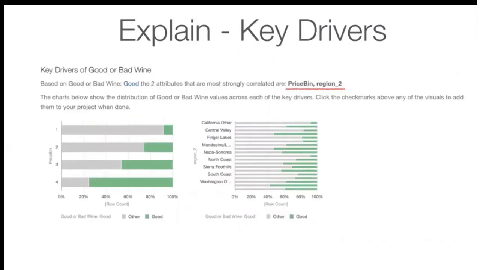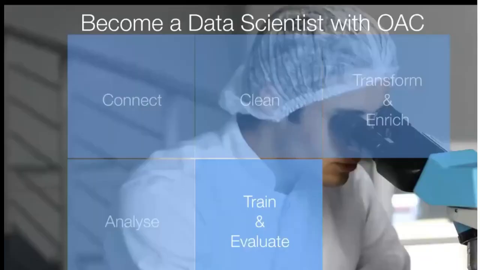So it will tell us, look, within your data set, for the column that you are trying to explain, for example, I want to explain if a wine is good or bad, you should use the price and the region too as features in order to create a machine learning model to predict the quality of the wine. So it's solving also partially what is called feature selection for us.